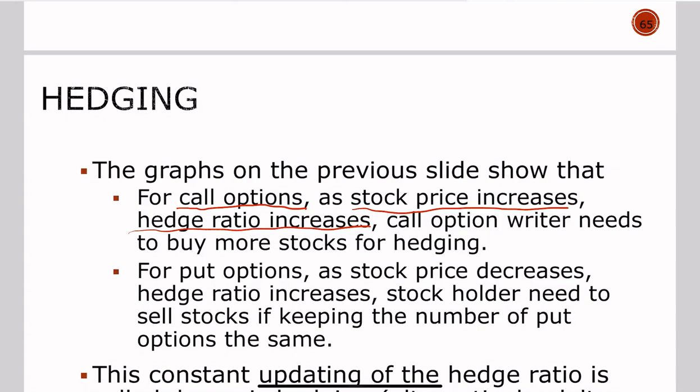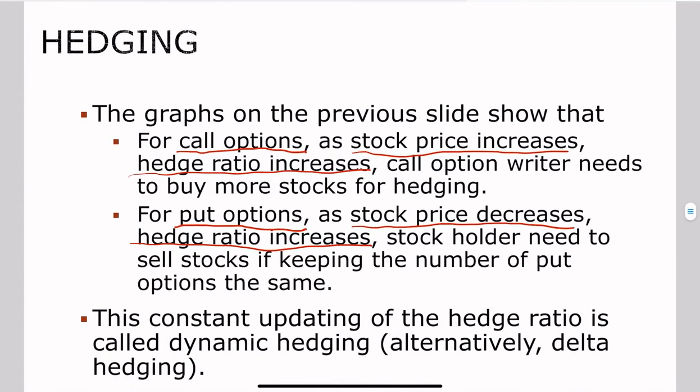if the hedge ratio increases, right? And then what about the put option? Well, we have shown for put options, if stock price decreases, hedge ratio would increase. This basically means that if you don't change the number of put options in your portfolio, if you want to continue to hedge your portfolio, you will have to sell some shares, right?